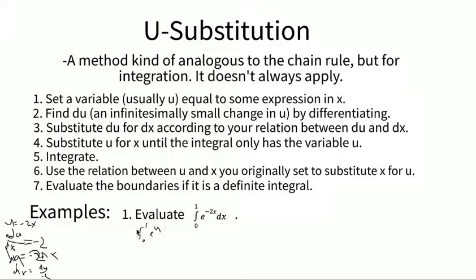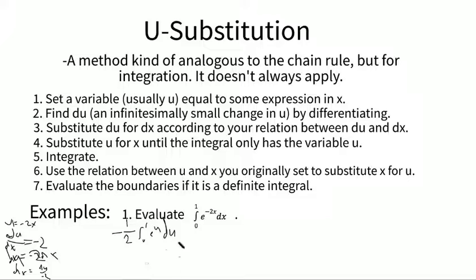According to the relation dx equals du over negative 2, it's going to be du, and I'm going to put the negative 1/2 out front, which is the same thing as dividing by negative 2. So now we have our new integral only in u.